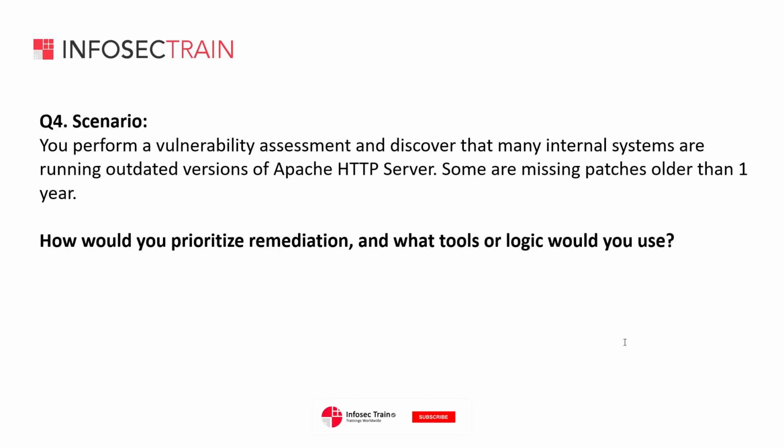First is how would you prioritize remediation? Tools will go later. So we will do what? Absolutely. We will use CVSS scores, correct? Plus asset criticality also will be checked, isn't it? Because it depends on the asset which is having that vulnerability, right?